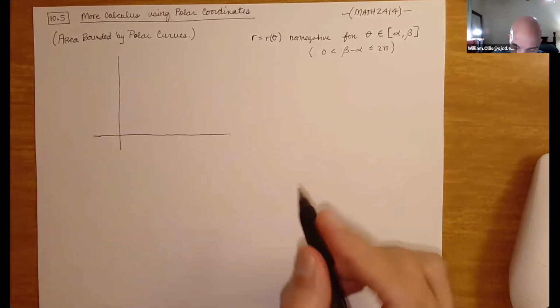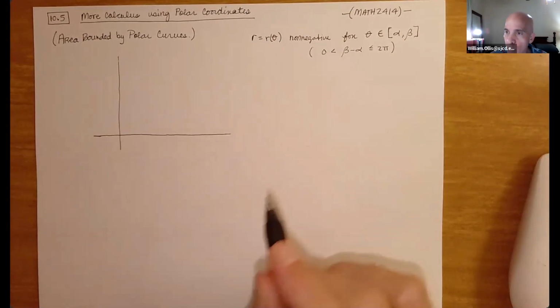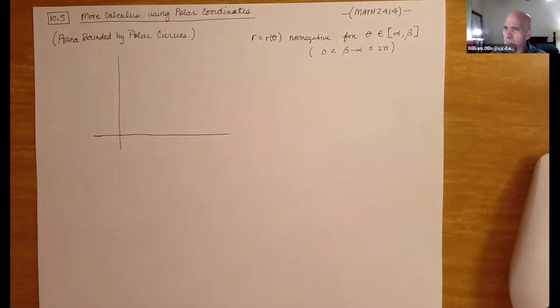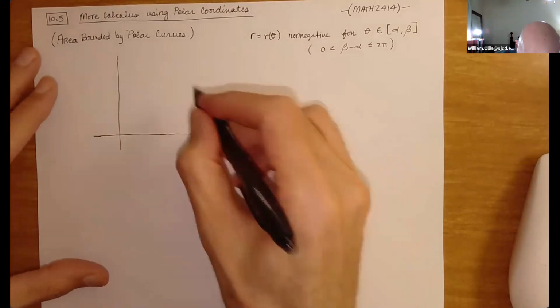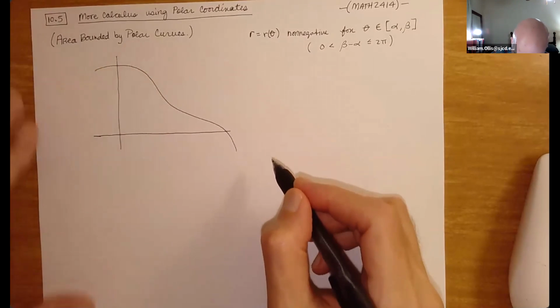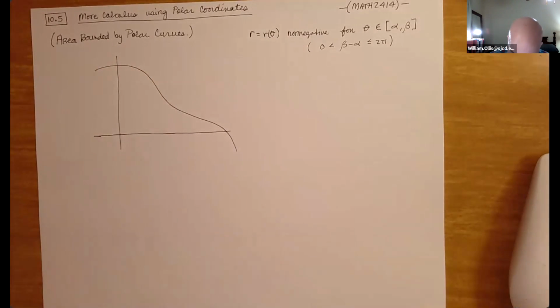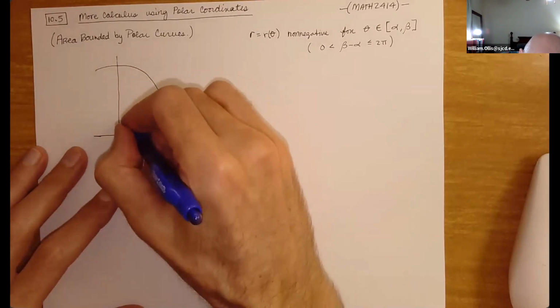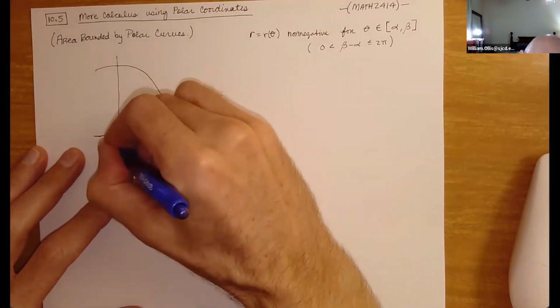If we've got a polar curve, in Cartesian we have vertical lines or horizontal lines and things like that. Now instead of that, we're going to think about the axial lines. So say we have a polar curve that looks something like this, and we have some axial lines.